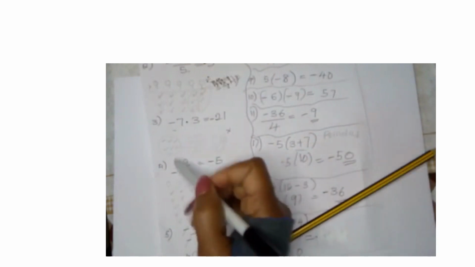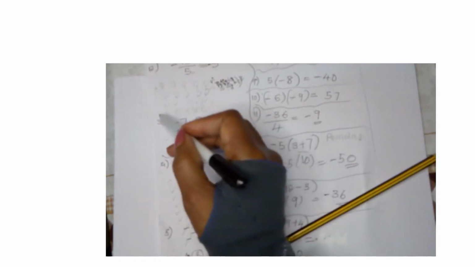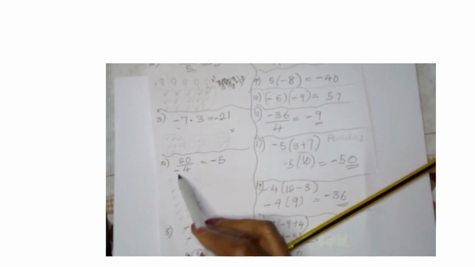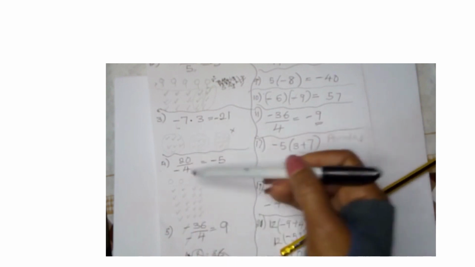Now, question number 4, which says 20 divided by negative 4. See, one of the numbers has a negative on it, which means the answer will be negative. How did I get 5? This is division.